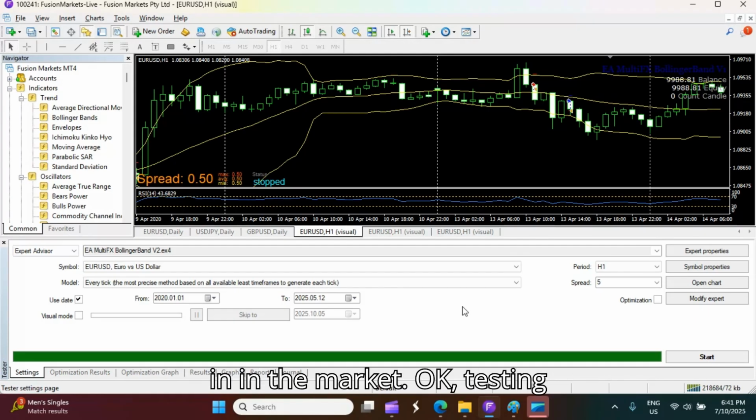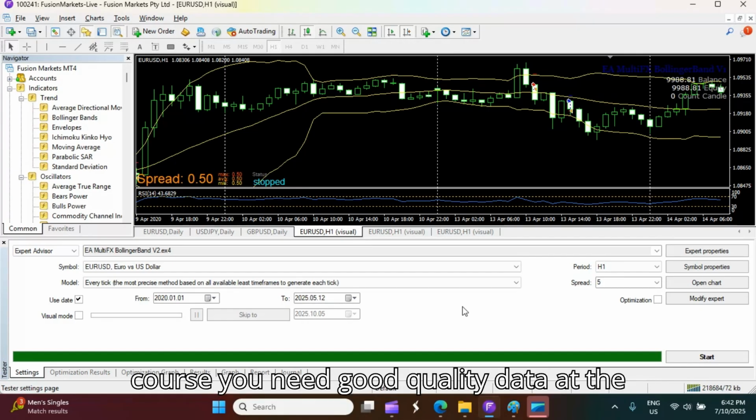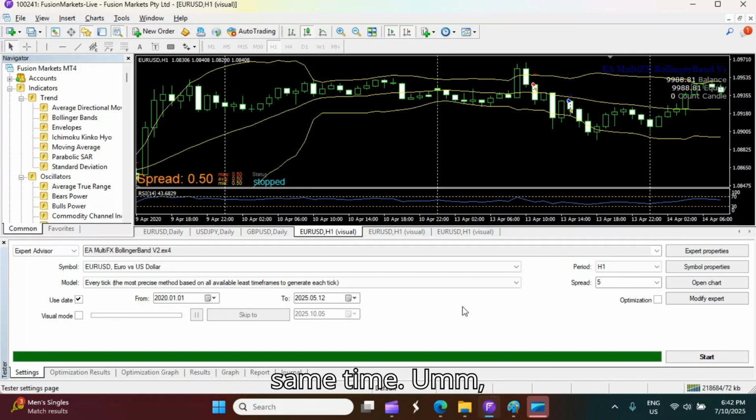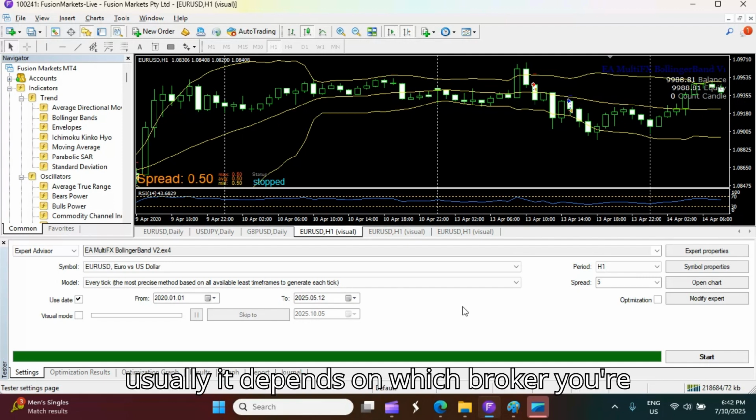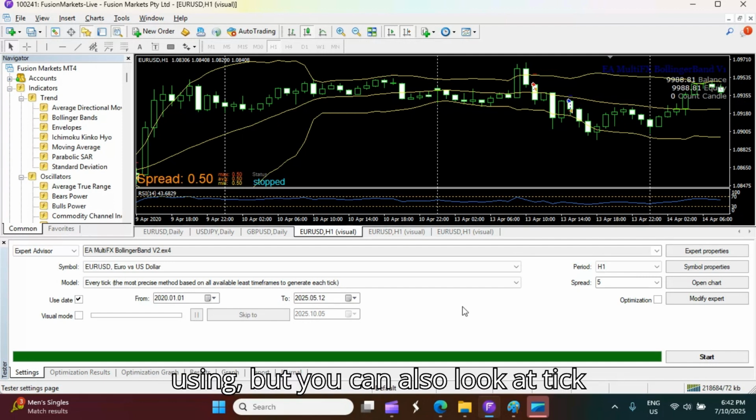Testing does require a lot of time, so you need to understand that to create a profitable bot. Backtesting is essential, and of course you need good quality data at the same time. Usually it depends on which broker you're using, but you can also look at tick data so that you can get up to 99.9 modeling quality.